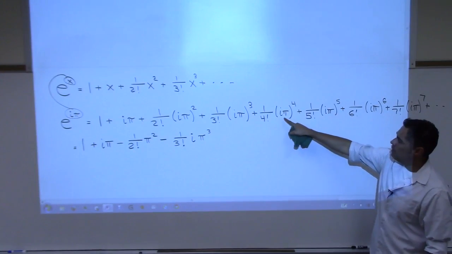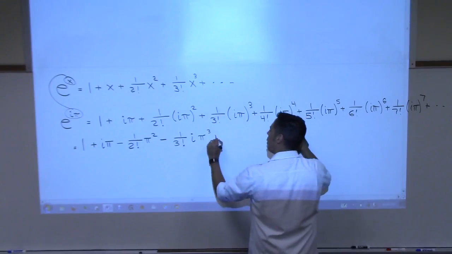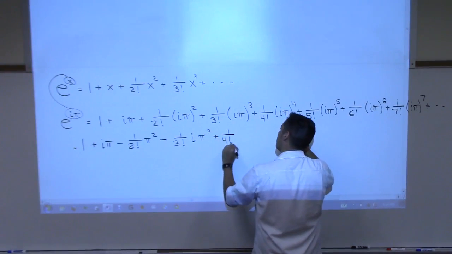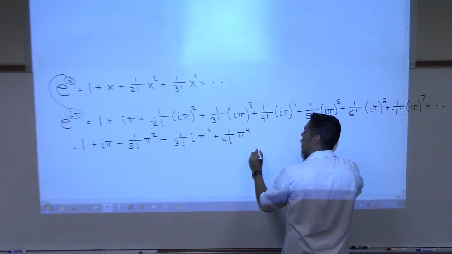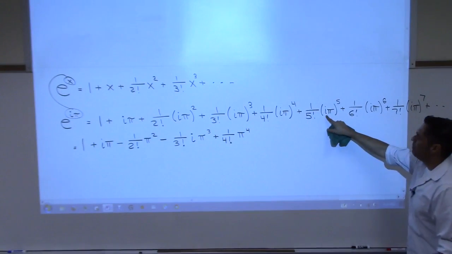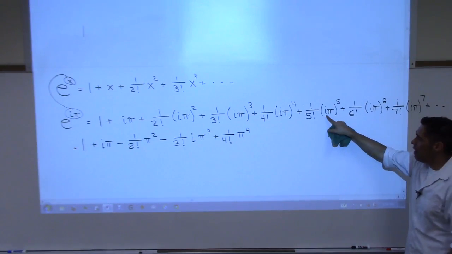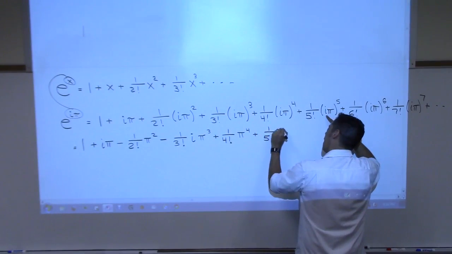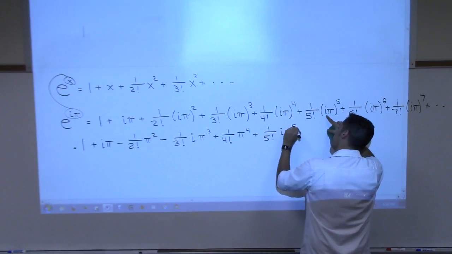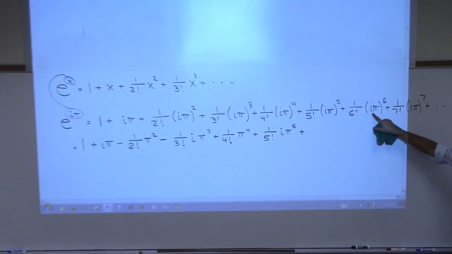Next one, i to the 4th. 1. So plus 1 over 4 factorial pi to the 4th. Next one, i to the 5th. I'm back to the beginning, right? So that's just going to give me i. So I'm going to have plus 1 over 5 factorial i pi to the 5th plus i to the 6th, -1.